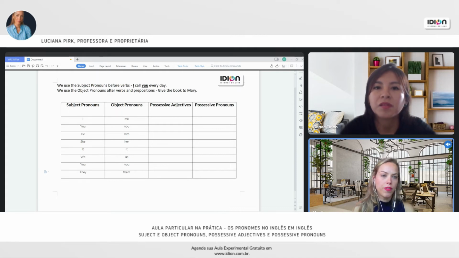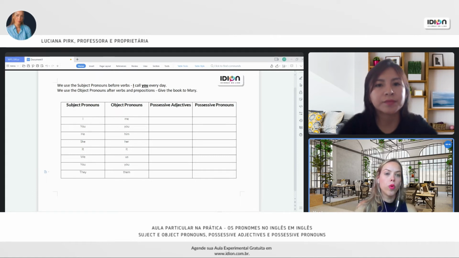It doesn't really give a characteristic such as old or new or big or small, but it tells us who that thing belongs to. Who is the owner of that thing?